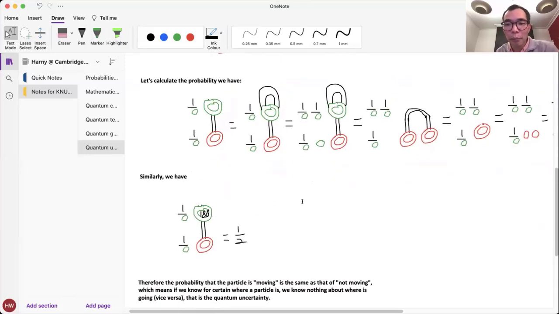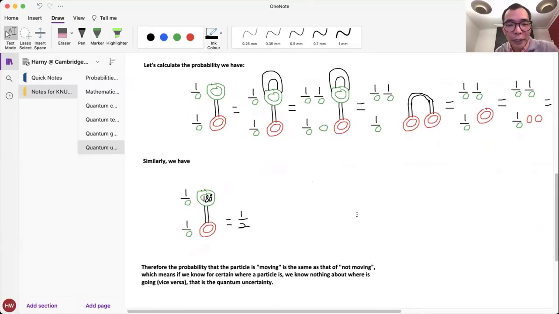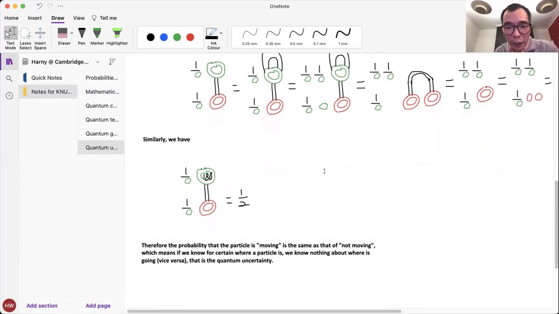You know nothing because the probabilities are the same, they're all half. So by diagrammatic calculation, we find out that once we know for certain where a particle is, we know nothing about where it is going.